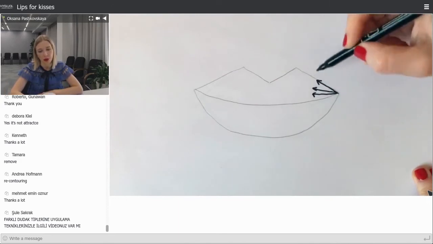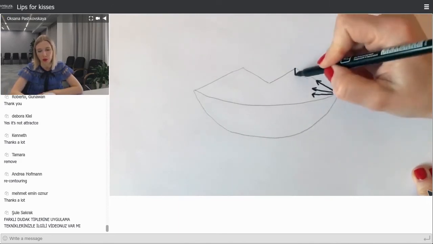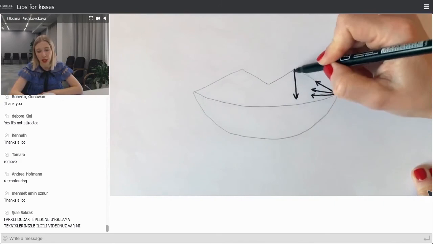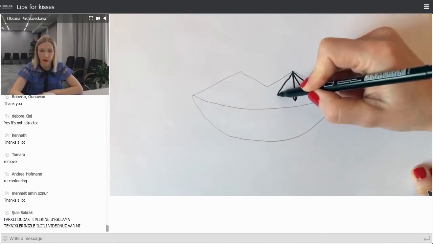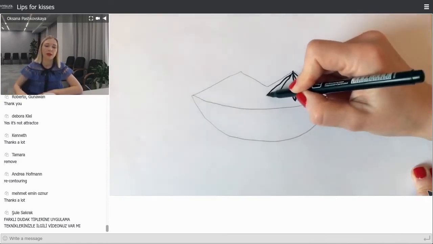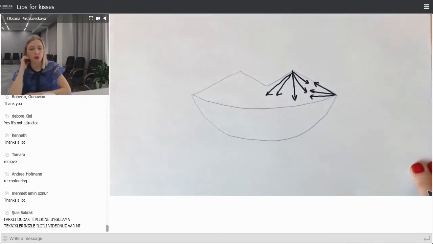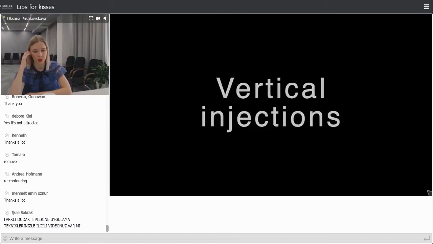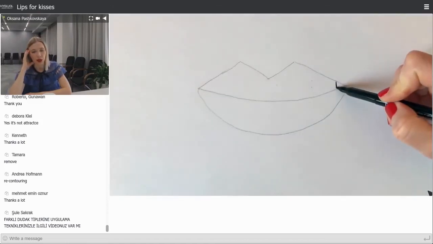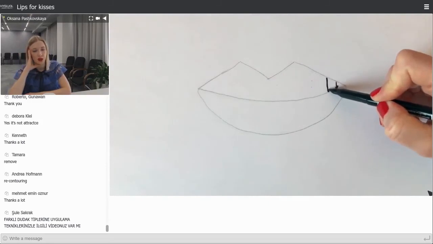From the commissure line, you make fan-shaped injections, you see, and I prefer to do the same from Cupid's bow, but of course analyze the face and the lips before. Also vertical injection, it's the Parisian technique.